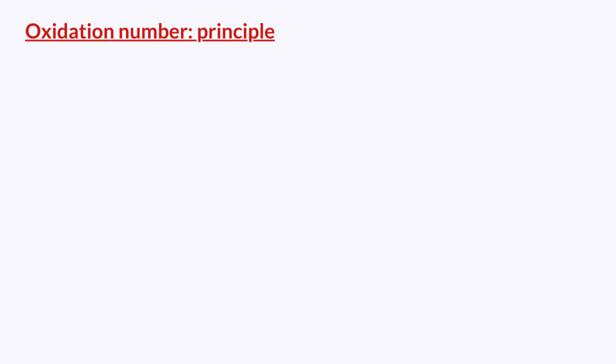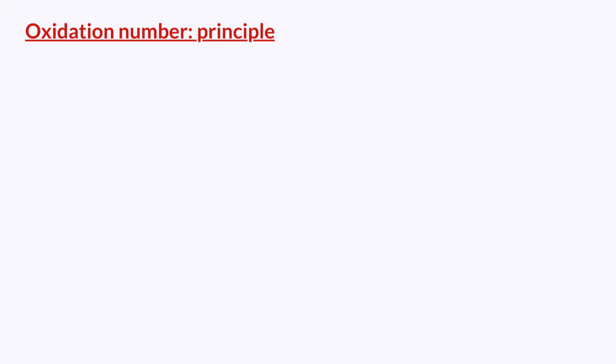We use a set of rules to calculate the oxidation number of an atom in a given compound. But before discussing those rules, let us first discuss the actual principle behind the oxidation numbers. Do you remember how we calculated the formal charge of an atom in a compound?